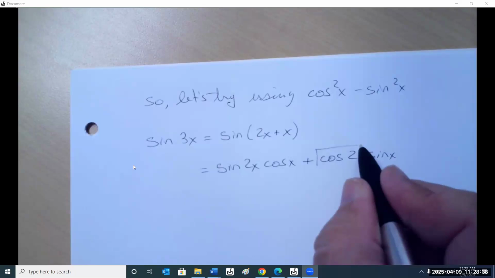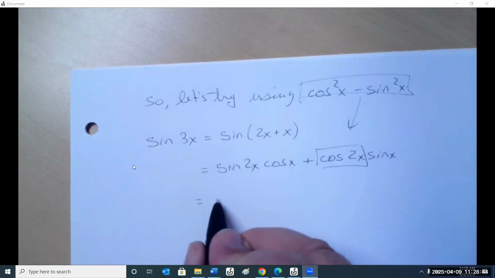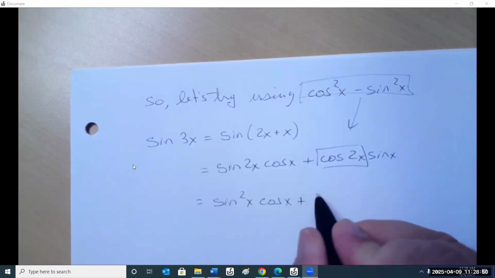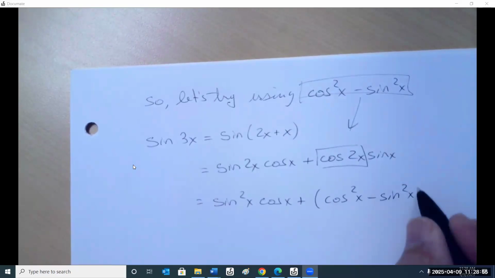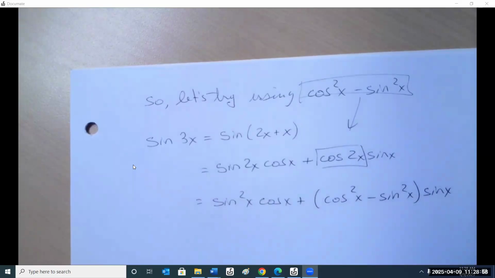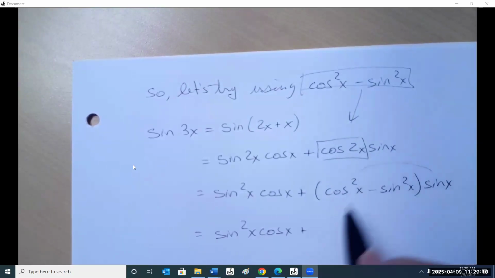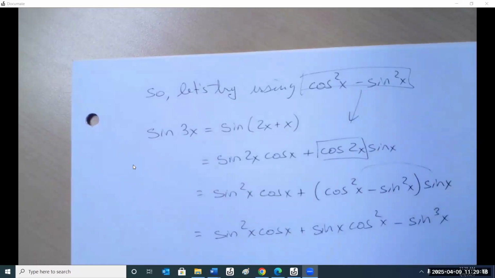Now, instead of this one, let's use this: sine squared x cosine x plus cosine squared x minus sine squared x times sine x. Let's see if that helps any. So it's sine x cosine squared x minus sine cube x.